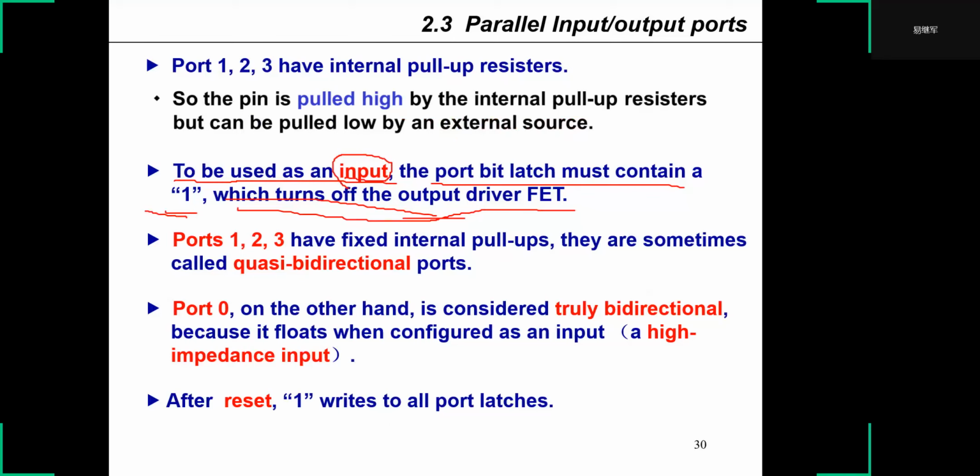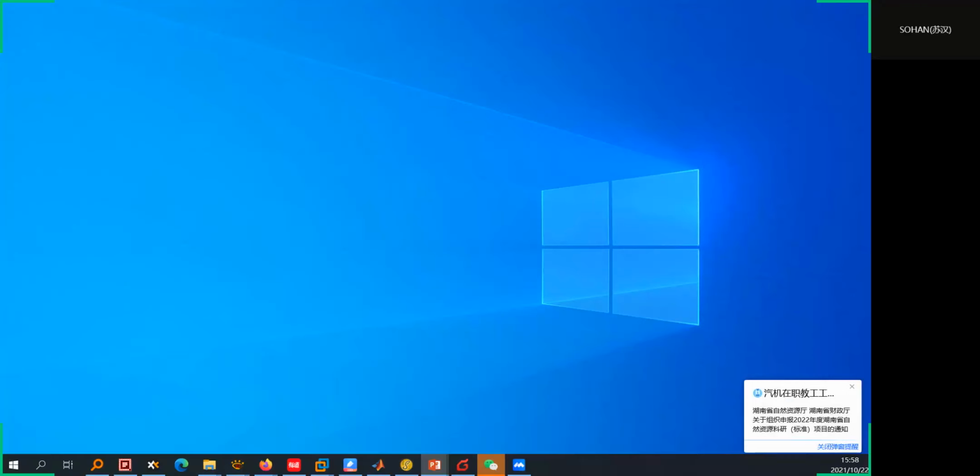Okay. Laoshi, what's the main difference between these port 0, 1, 2, 3? Port 1, port 2, port 3 we think are the same, but port 3 has the alternative function.